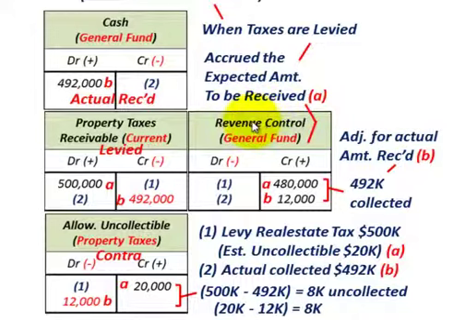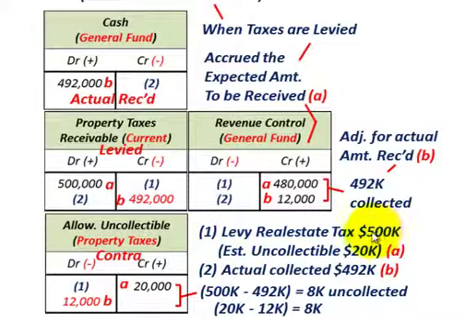So we're going to be concentrating on this revenue control account here. You can only initially accrue the expected amount to be received here. We're going to be looking at that, and then we're going to have to make any adjustments for the actual amount received on this property tax collection.